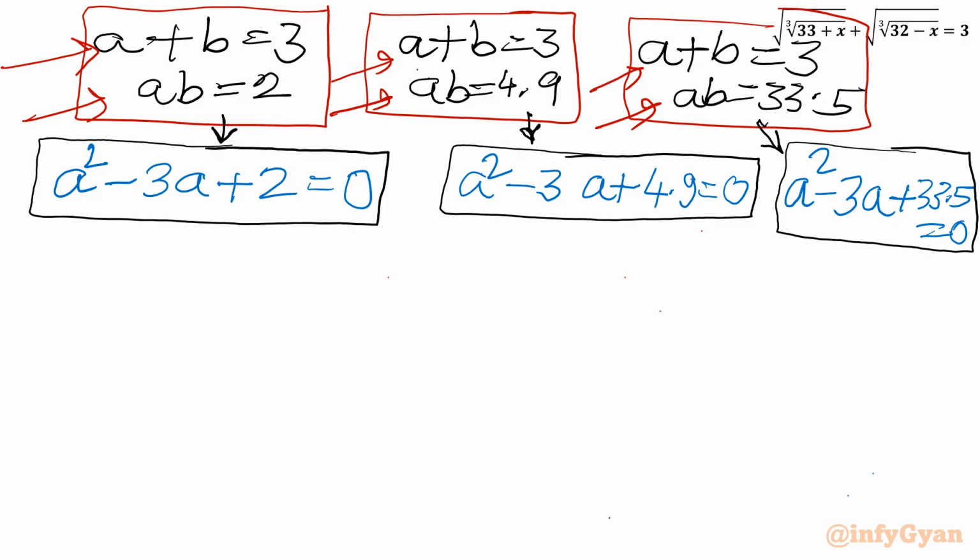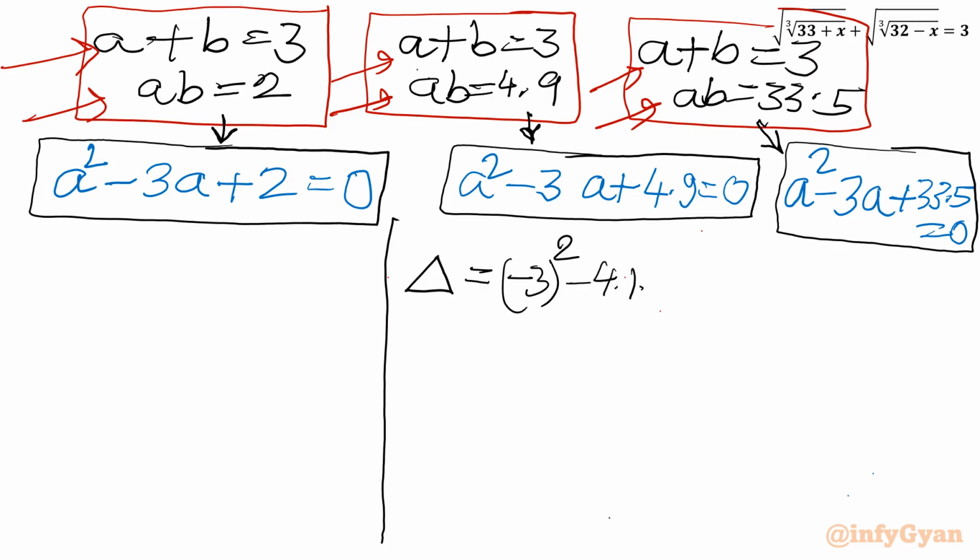Let's talk about the second and third quadratic equation first. I will be calculating the discriminant only, which will be equal to B square minus 4AC. So I will be writing here minus 3 square minus 4 times 1 times 4.9. If you check, this will be 9 minus 19.6.